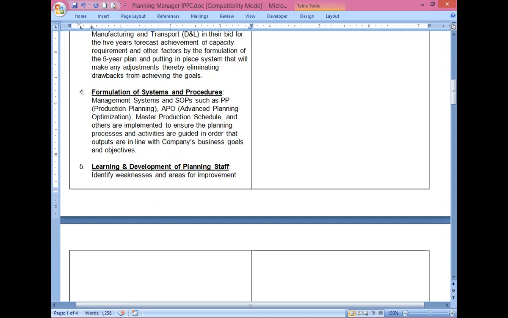Okay. Areas for improvement. Then plan and implement. The TNA, training needs assessment or training needs analysis, belongs to the planning. Then an implementation, no? Implement programs.